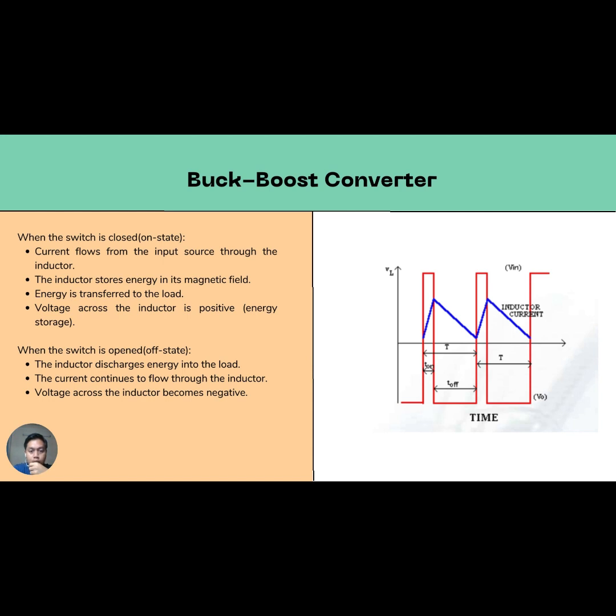The energy will be stored during this state, and the voltage across the inductor will be positive. As you can see, the voltage is high. When the switch is open or the converter is in the off state, the inductor will discharge the energy into the load, and the current will continue to flow and will not immediately go to zero. As we can see, the voltage across the inductor will be negative.